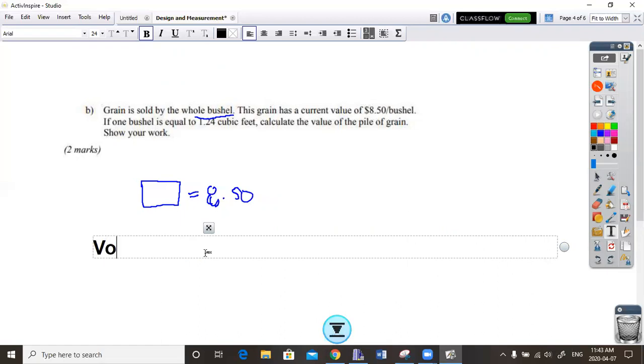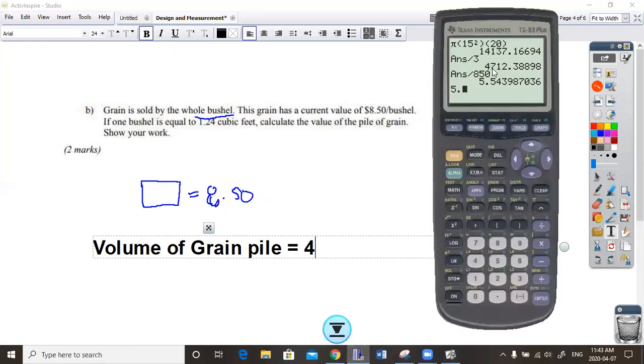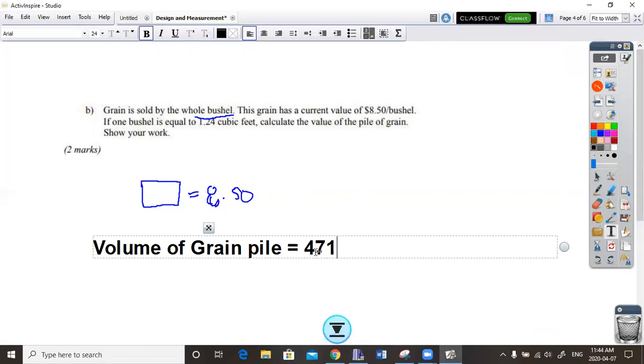So again, the volume of our pile is 4,712.38898 cubic feet. We want to find that in bushels.